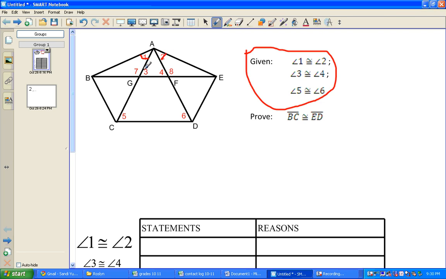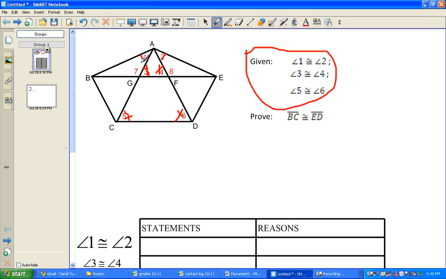Now, angle 3 and angle 4 are congruent right here, and also angle 5 and 6. They're also congruent. Now, the question is this.